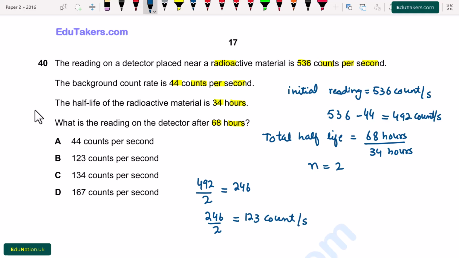It means that when second half-life passes, count rate is 123 counts per second. We also have to add the reading that is due to the background radiation. So there will be 123 plus 44, which is equal to 167 counts per second. So the reading on the detector after 68 hours will be equal to 167 counts per second. Option D is correct from here.